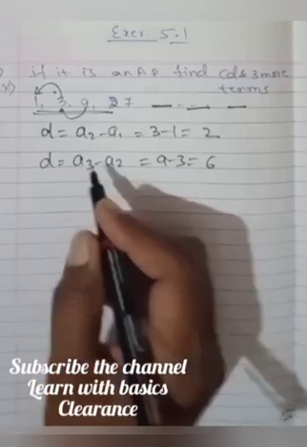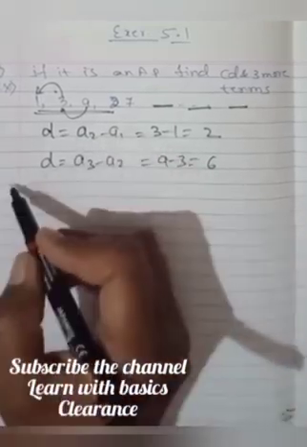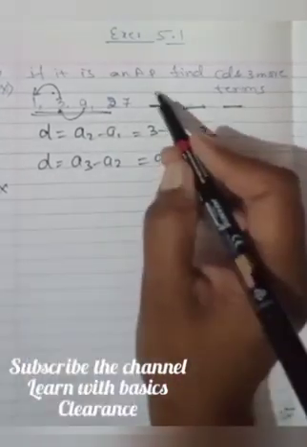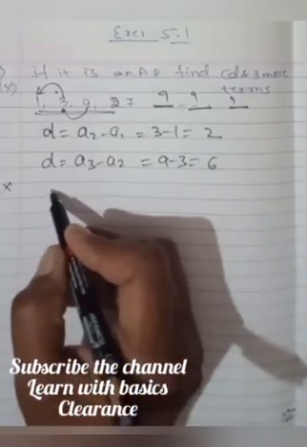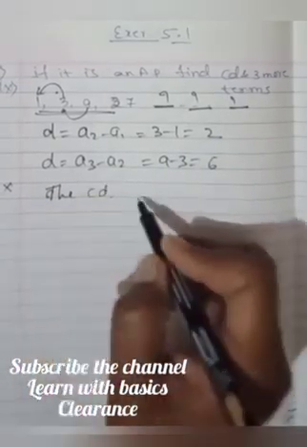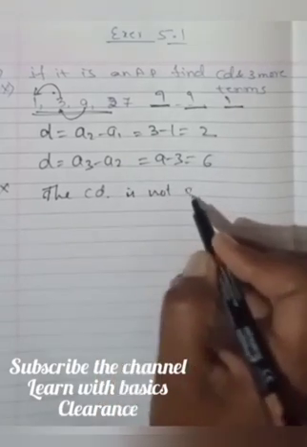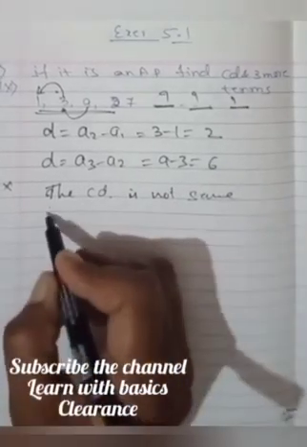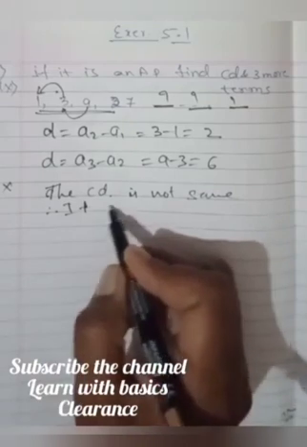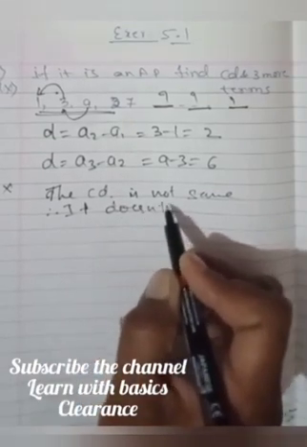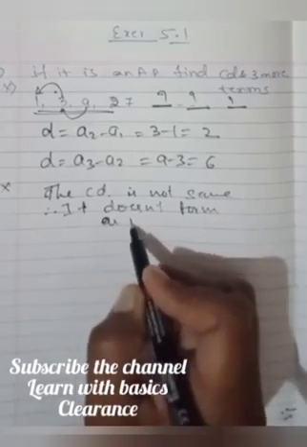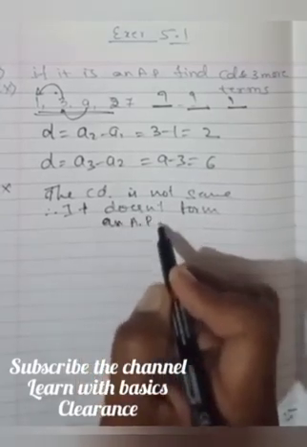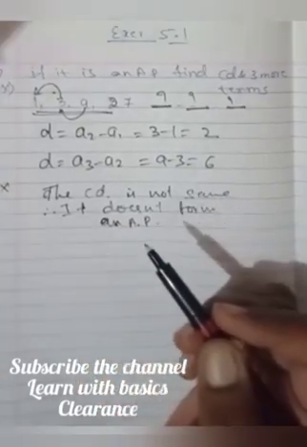See here, the difference is not the same, therefore this doesn't form an AP, and the question of finding the next three terms does not arise. You are going to say here the common difference is not the same, therefore it doesn't form an AP. You can write this. Write it systematically. This is the solution of this one.